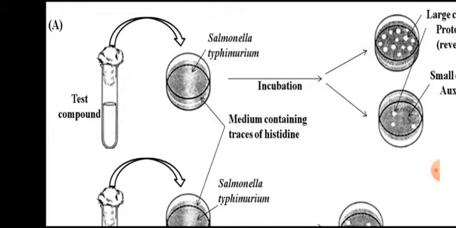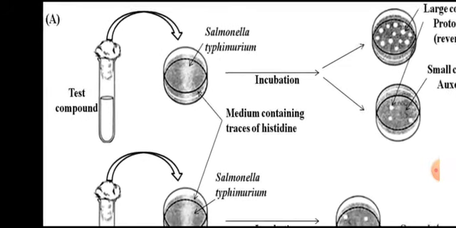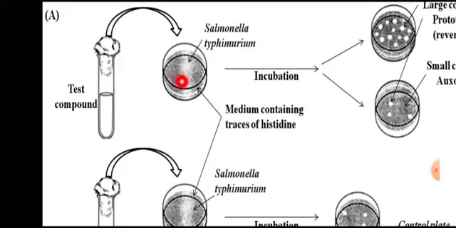So this is the medium that contains this test compound. This test compound is added to this medium and this medium contains this auxotrophic mutant.